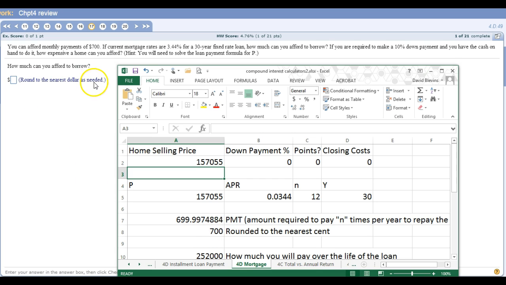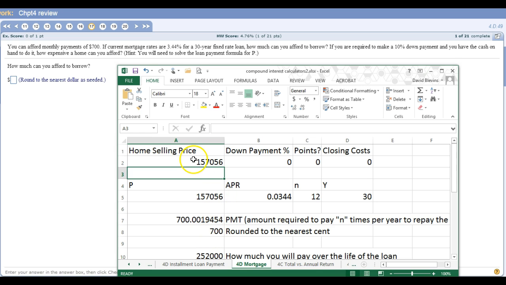Okay, it says round to the nearest dollar. So even though I've got something that rounds to 700, it's below and rounds up to that. I'm going to go up another dollar or two and see if I can get something above that number that rounds down to 700. Alright, and there we go. 157.056 still works, still rounds to 700.